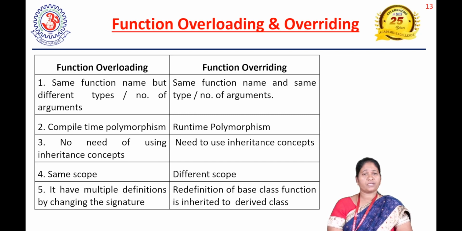So it is the same function name but multiple signatures. But in function overriding, we have to use the base class function for the derived class. The same function name is used in the derived class, so we have to redefine the same function in the base class as well as the derived class.